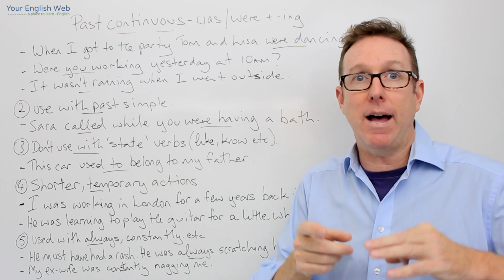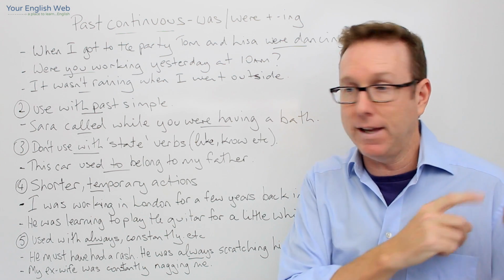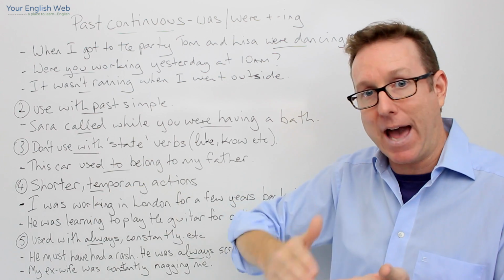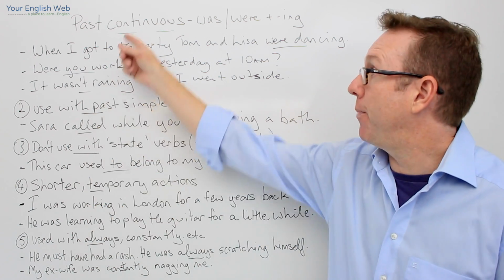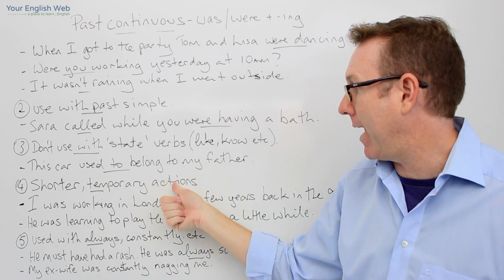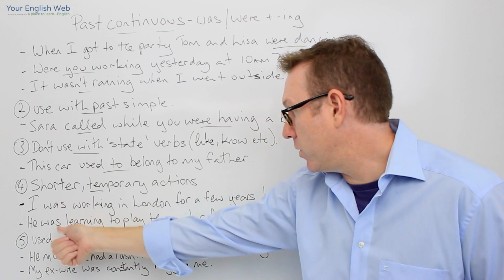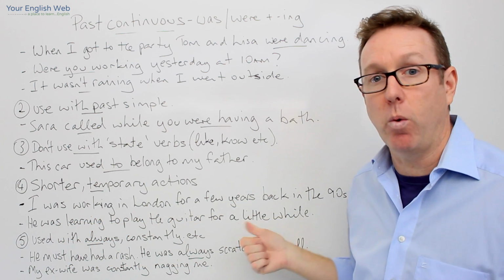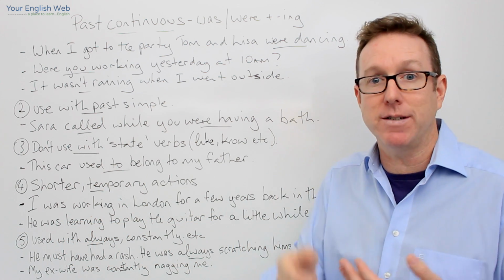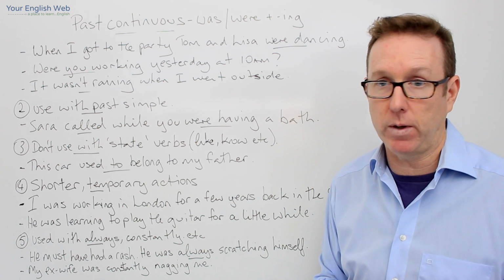If you say he learnt to play the guitar when he was a child, okay, it's different. It's a longer action. So we wouldn't use the past continuous for the longer action, but for the shorter temporary action: I was working in London temporarily. He was learning to play the guitar for a little while. It was a shorter, temporary action, okay?